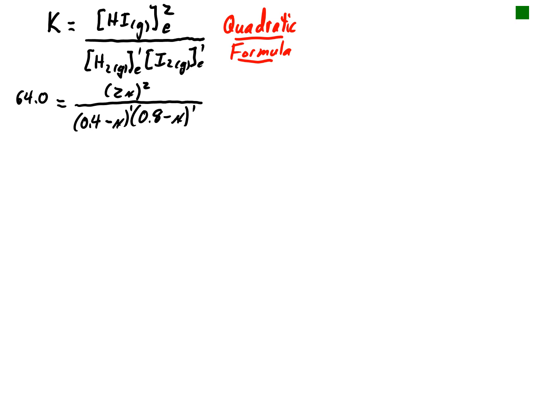So we can do this in a number of different orders. Some people like to get rid of the denominator first. Some of you will want to use FOIL first. I'm going to start by getting rid of my denominator by multiplication.